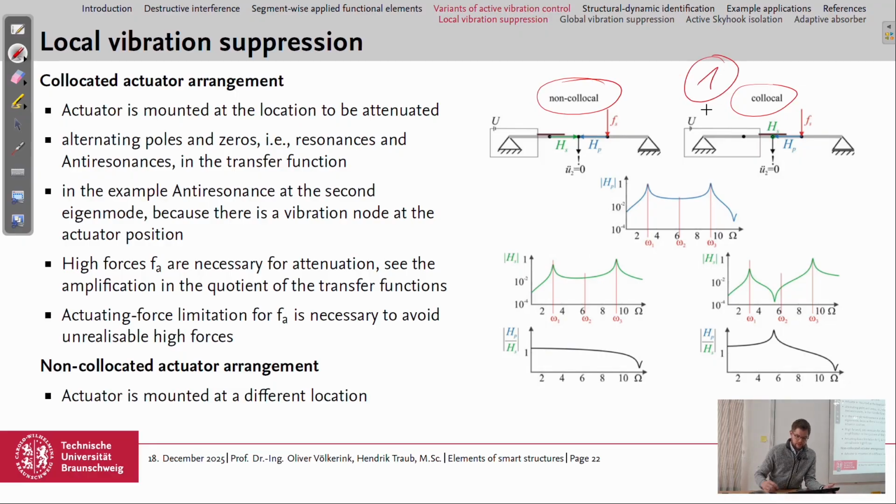In this case, the actuator is placed at the position of the point we want to calm down. So the point where the structure is disturbed by the external excitation is not the point we want to quieten, but the point we want to quieten is also the location where our actuator is placed.